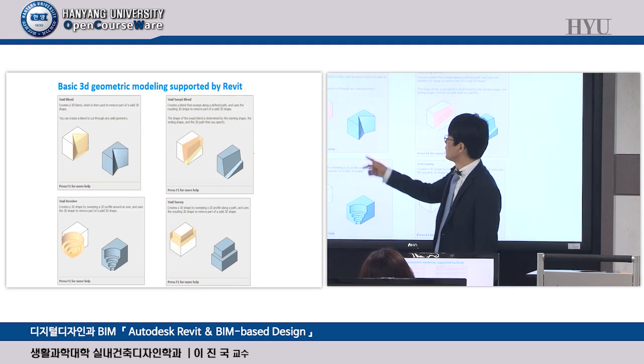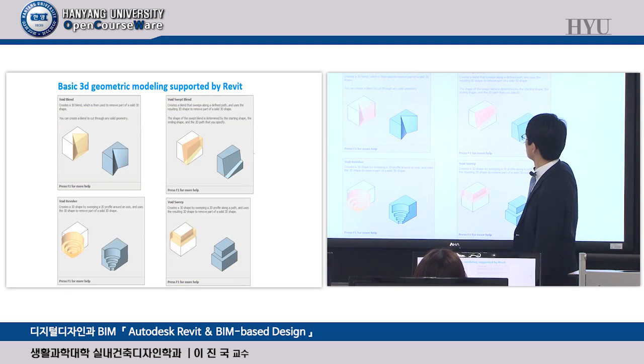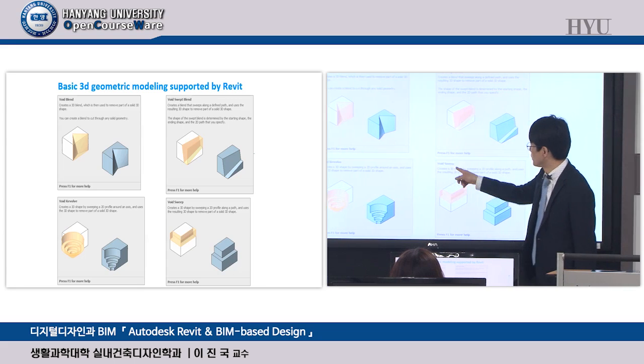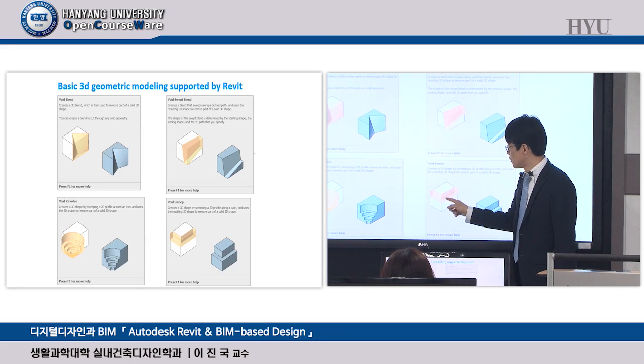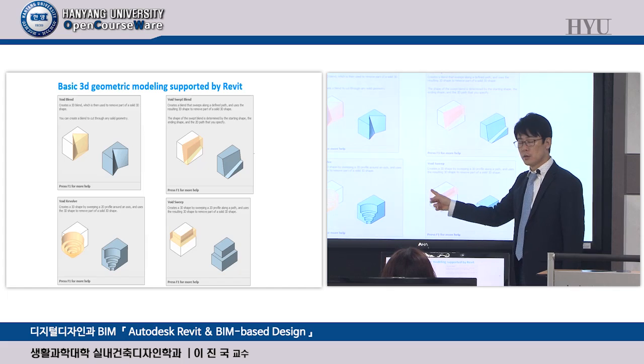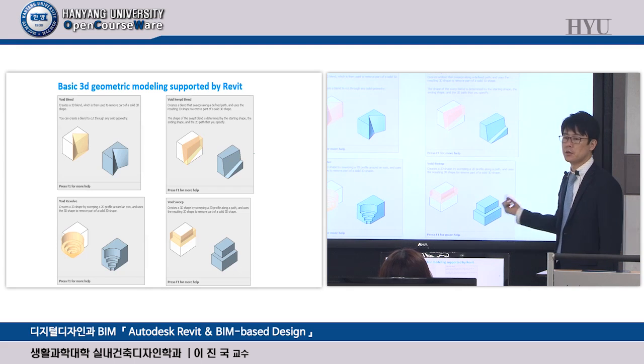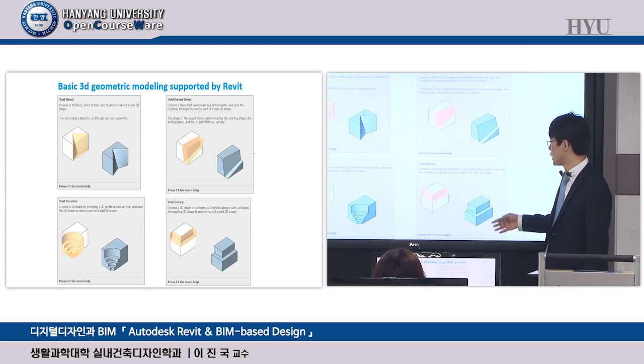Also void blend or void swept blend, void revolve, void sweeping, okay? Box cube and sweeping: a rectangle shape, section profile, and path sweeping are going to be extracted. So the final output is always a solid model, okay?